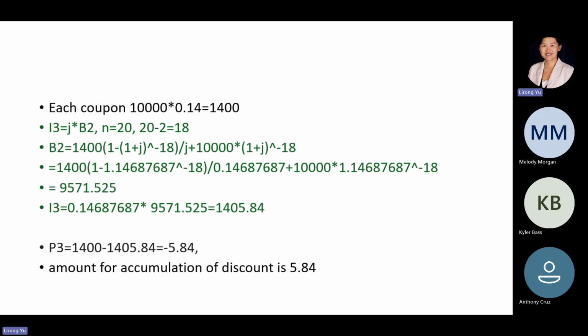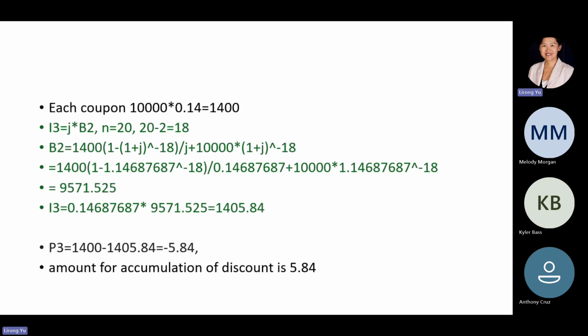Two payments have already been paid, so there are 18 future payments. Calculating B2 is not too far from B0, which is the bond price, so B2 is not that small. It's the coupon payment multiplied by A18 plus 10,000 times v to the power 18. That allows us to figure out B2. B2 multiplied by the interest rate gives you I3.